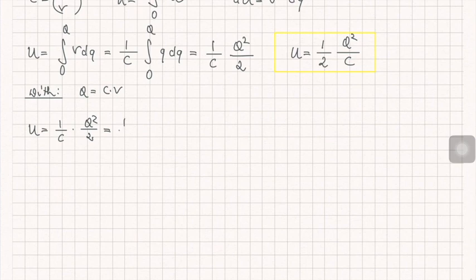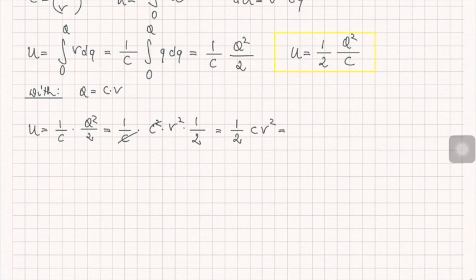This is therefore 1 over C times, so now we're replacing Q by C times V. So that would be now C squared times V squared times that factor 1/2. And now you cancel out one C here, one C here, and then you have here 1/2 CV squared.